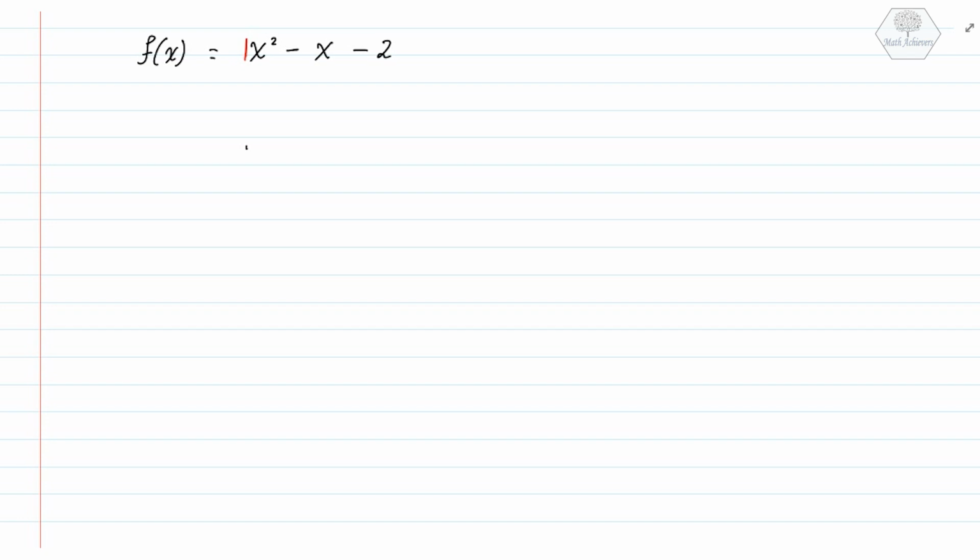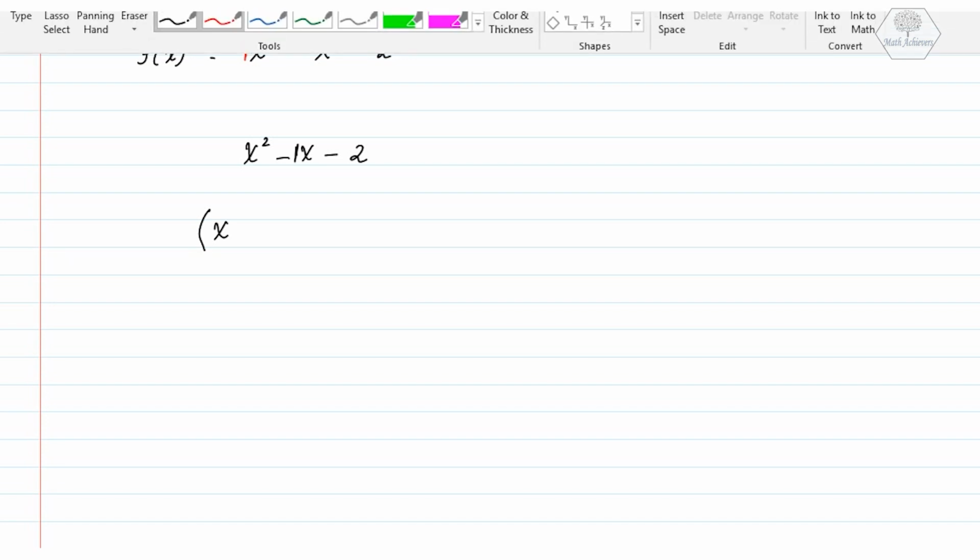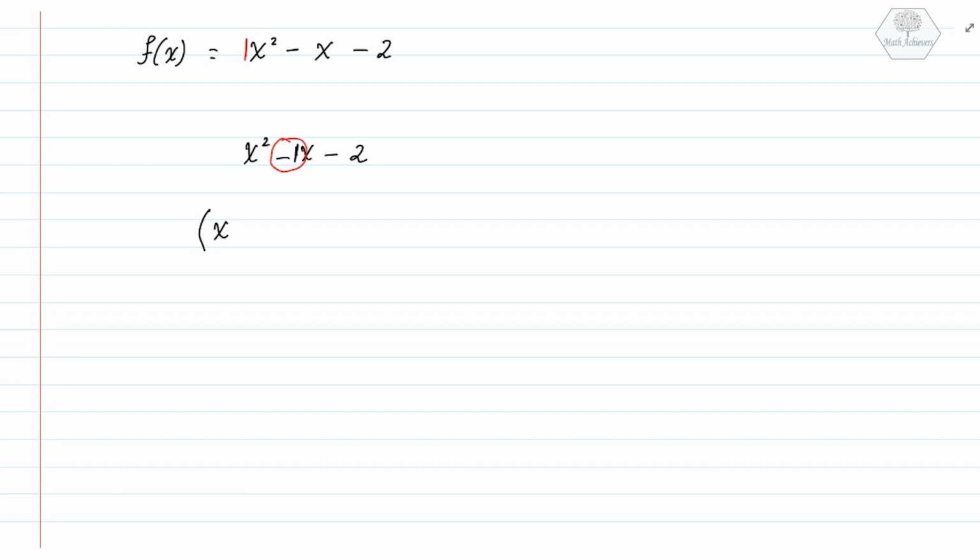Let's continue. We have x squared minus x minus 2. Now, we open a bracket. We take the x squared and make it as x. We have, this is minus 1. We take this minus 1 and we divide it over 2. So it becomes minus 1 over 2.